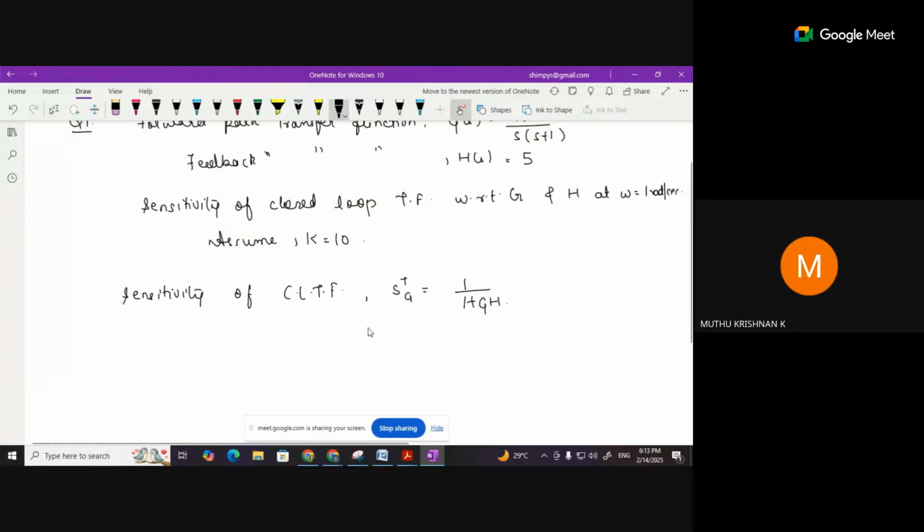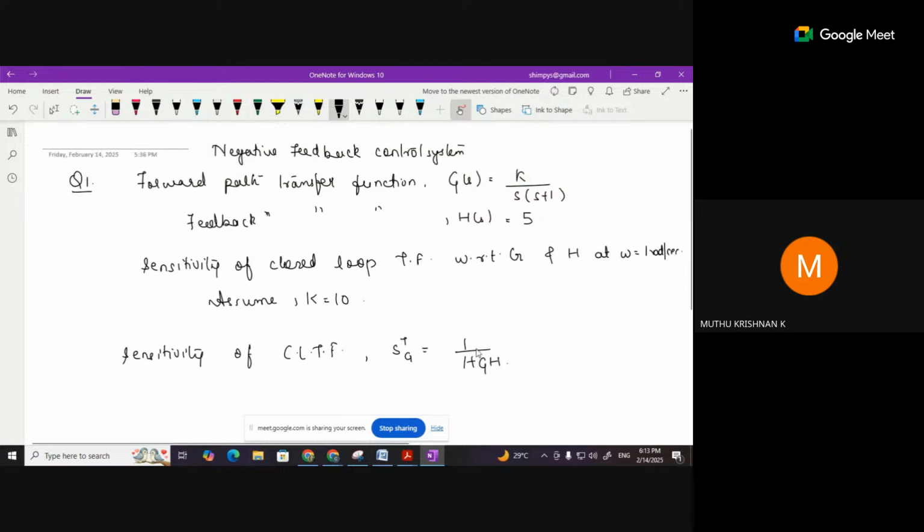Ma'am, here GH is it equal to GS into GC? No, see, this is our forward path GS, as per the usual notations which we follow. This is our RS, this is our CS, and this is our HS.